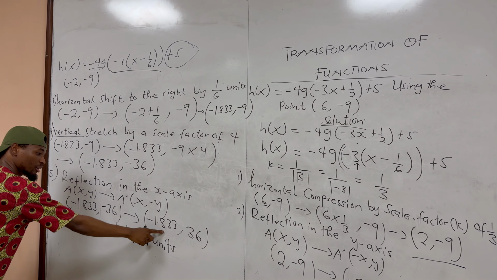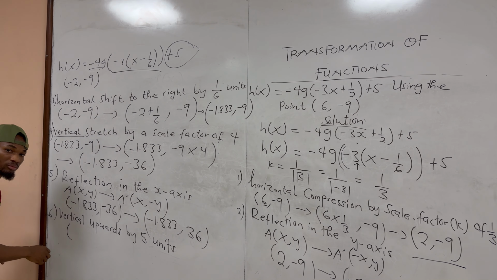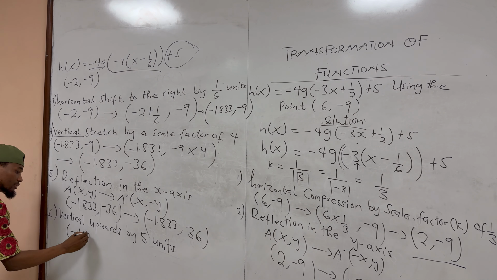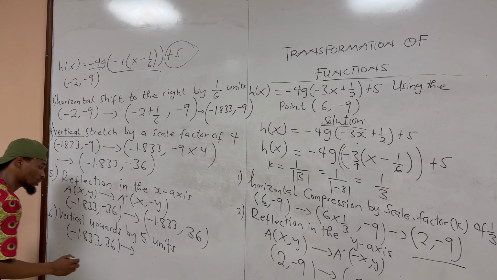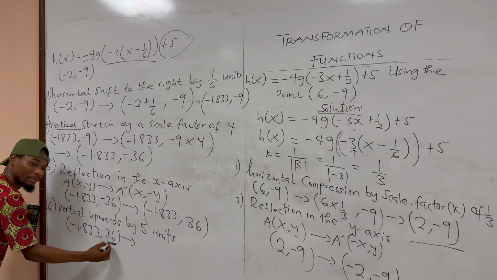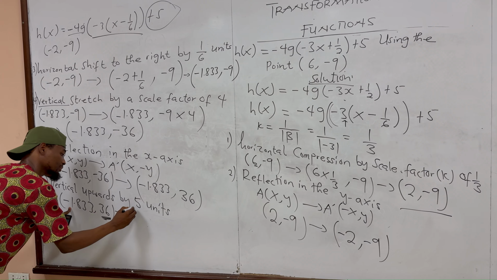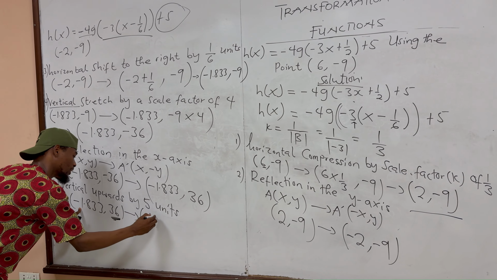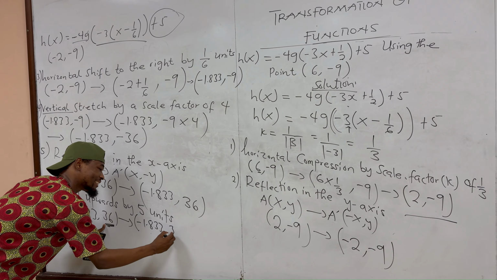So my current point is negative 1.833, 36. So I have vertical, so I will tackle this, since this represents my vertical component, okay? I have negative 1.833, then I have 36.